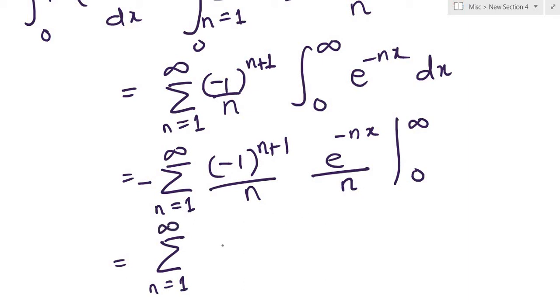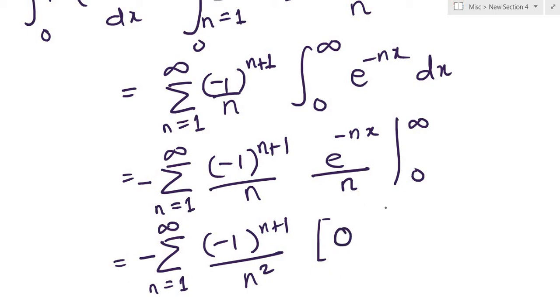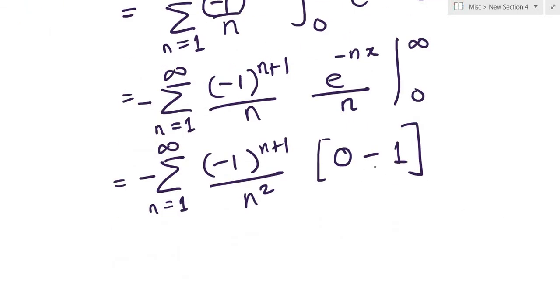I can club the n's together, so I have minus 1 raised to n plus 1 over n squared, and don't forget the negative. And e raised to negative infinity is just 0, and e raised to 0 is a positive 1. So in all, we had a negative 1 here, and then that negative 1 just gets multiplied by this negative, rendering it positive.